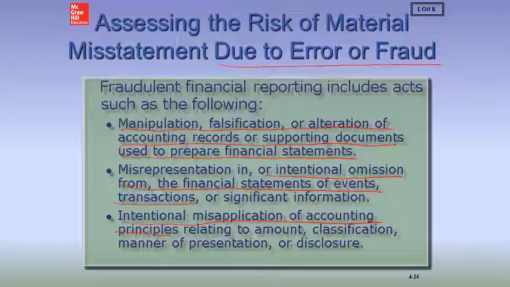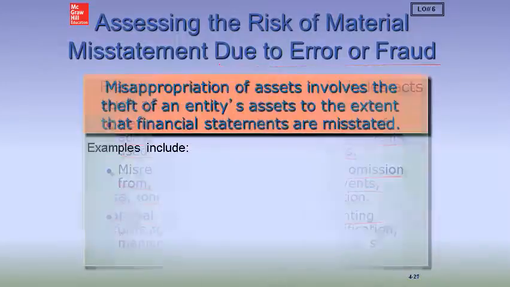So basically putting information into the financial statements or altering supporting documentation, to make the information in the financial statements appear supported, to try to fool the auditor that what's in the financial statements is correct.